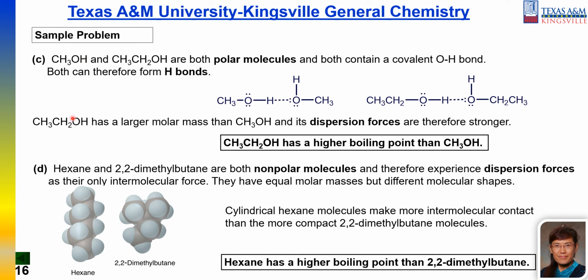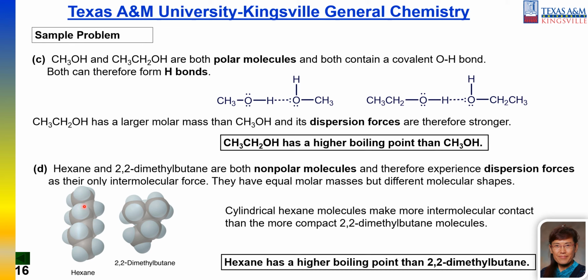The second one, ethanol, has a larger molar mass. Therefore, the dispersion will be taken into consideration. So your ethanol has a higher boiling point than your methanol. Ethanol, I believe, is 78 Celsius. Methanol is 46 Celsius.